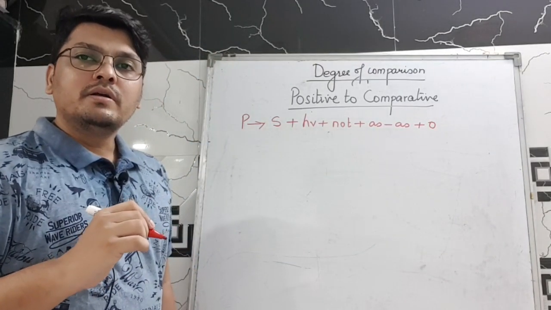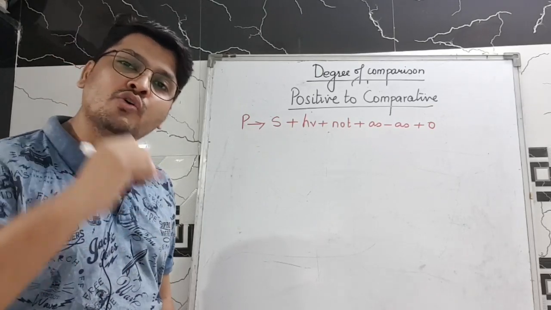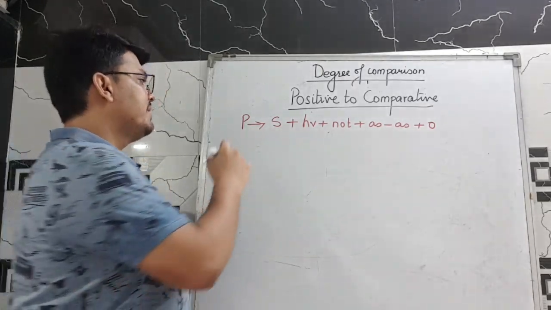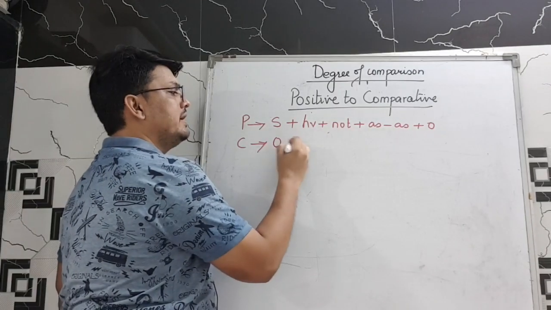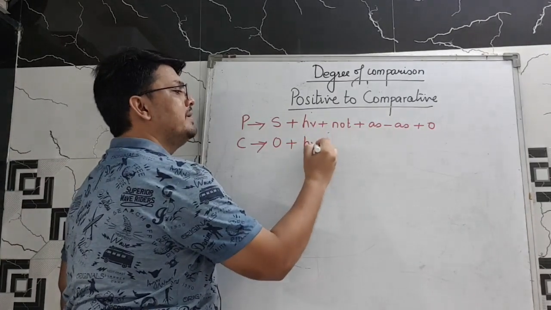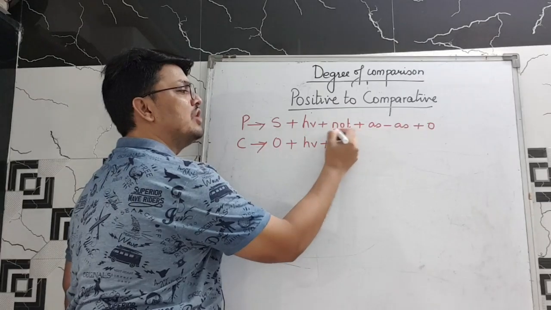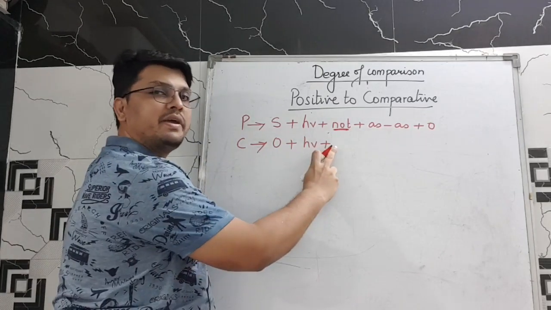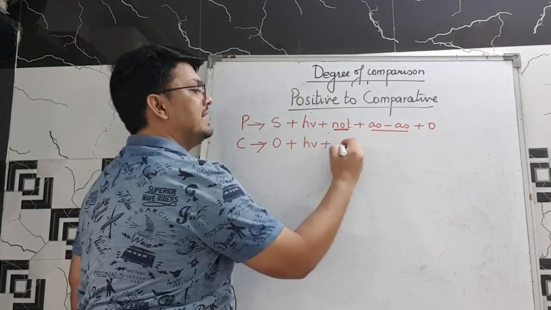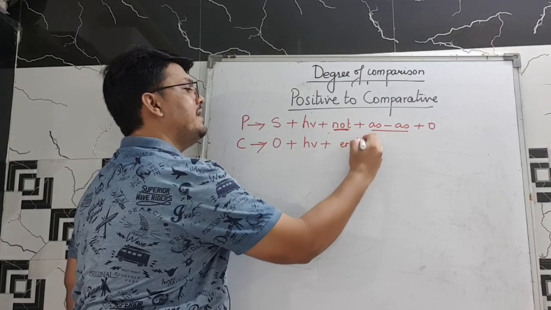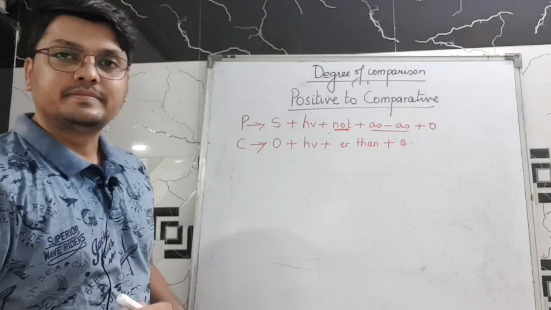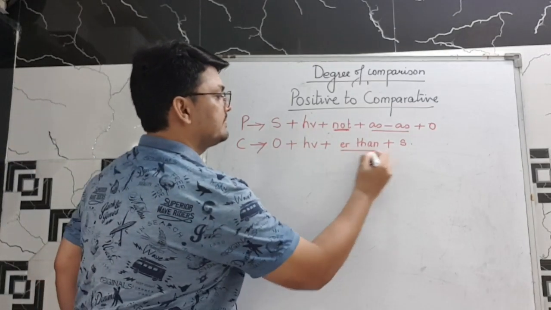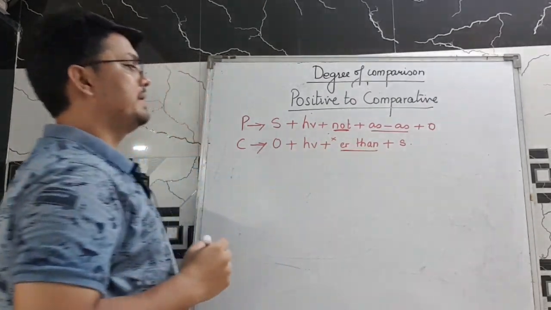Don't panic. The rule is the same. In comparative, the object will come here plus helping verb. Now here we have used not, so we will not use not over here. As will turn into er then, and then the subject will come here. This will not come here.